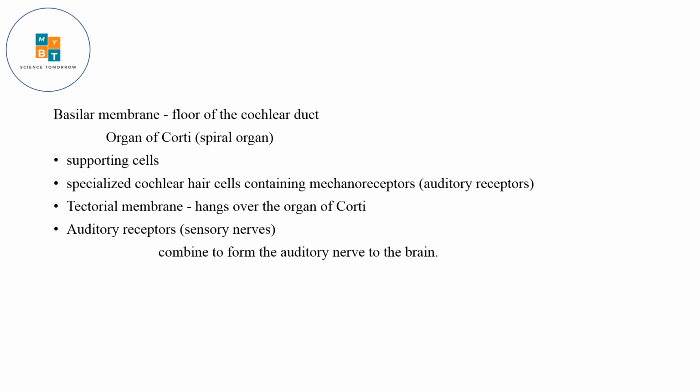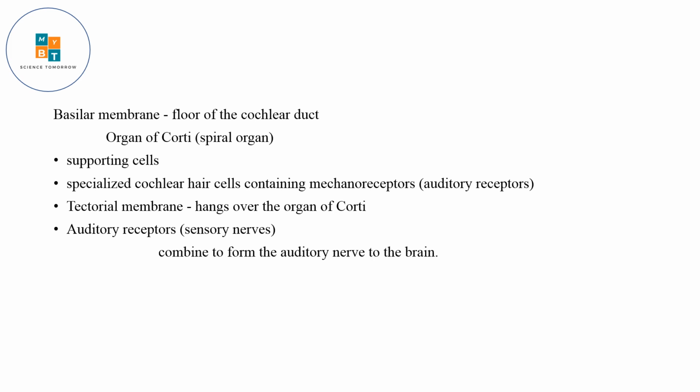One type is the supporting cells, which support the other cells, and the other is the specialized cochlear hair cells. They have mechanoreceptors to take in the auditory signals. They are the auditory receptors.